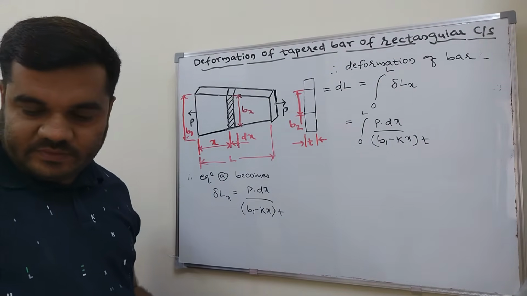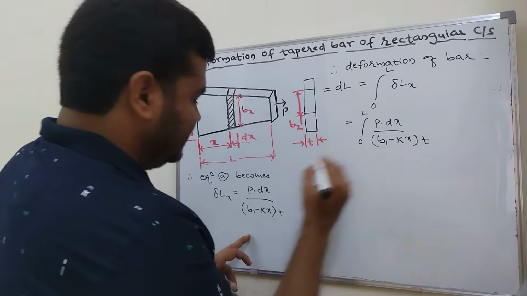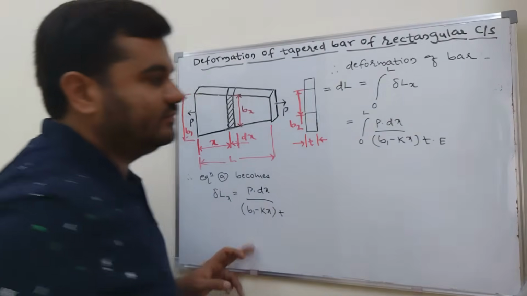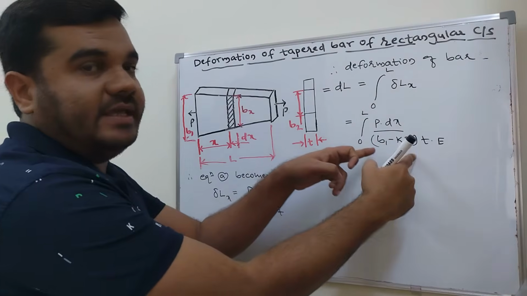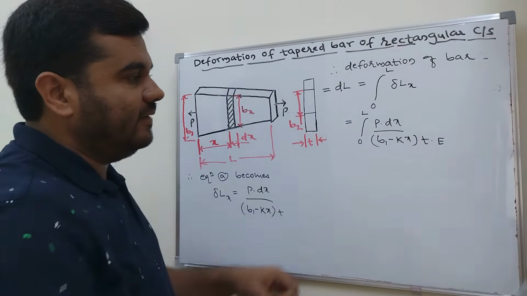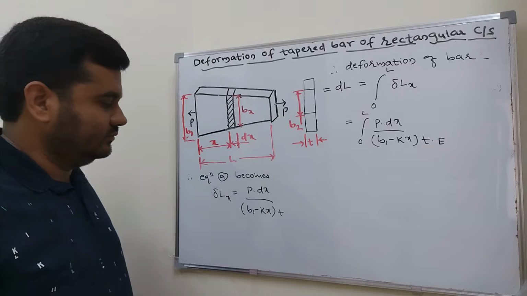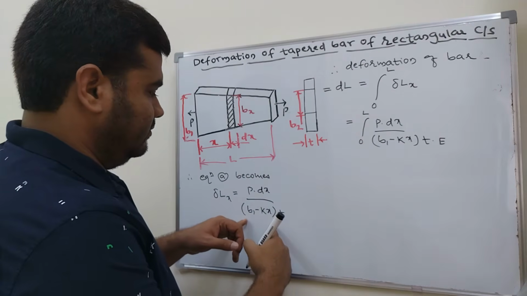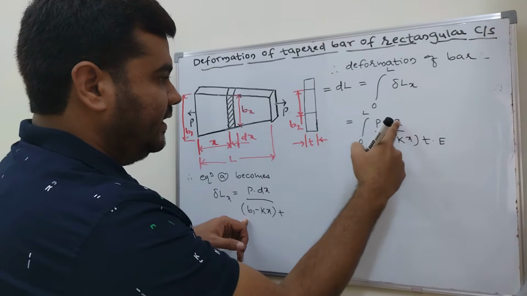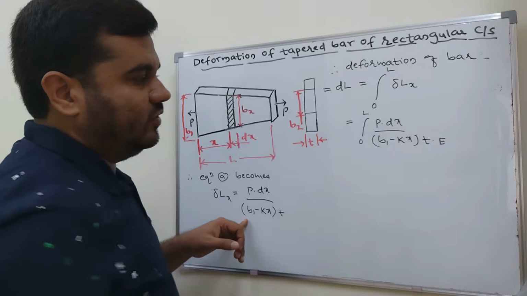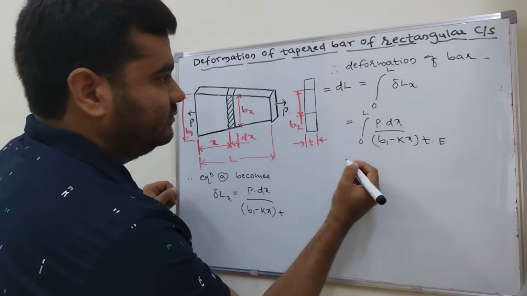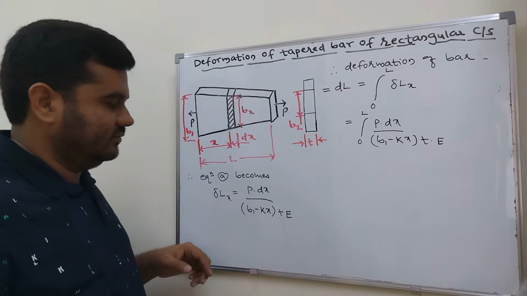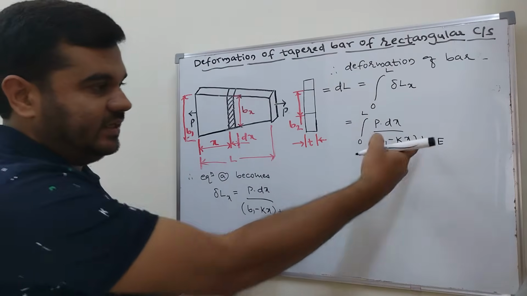Now you also need E, because before, the formula was PL by AE. We only calculated the area here, and this is T into E, so that's why E also comes.